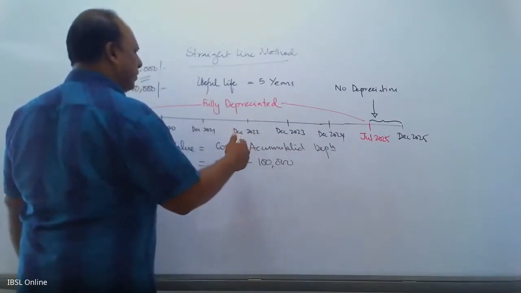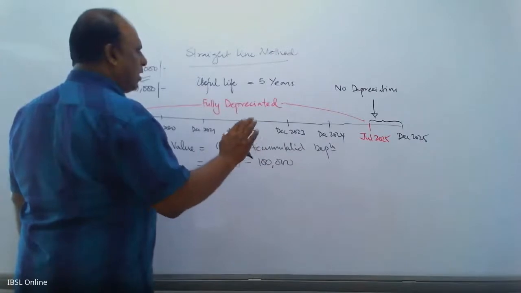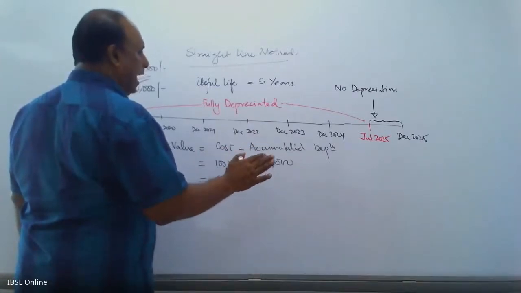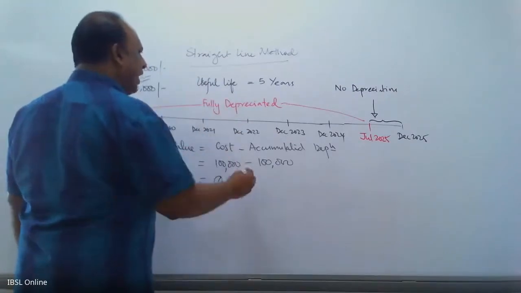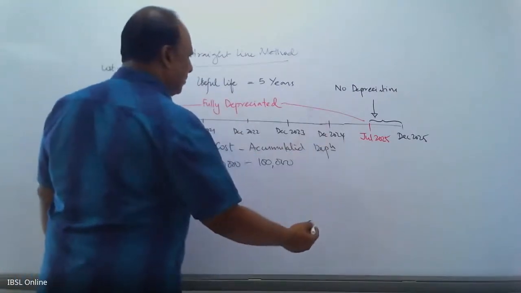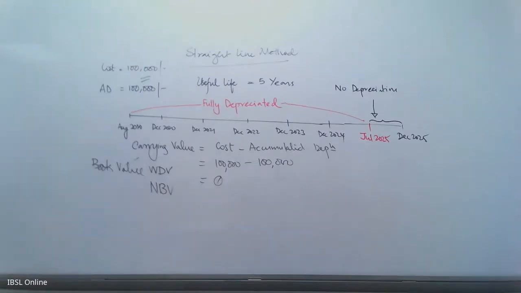A lot of things will happen. I'm saying not those which are considered to be maintenance, but additions to the building. Those additions again will have to be depreciated. That is where this straight line method will give you problems. There are ways and means of doing it, but in general, straight line method will have those complications. Okay, right.